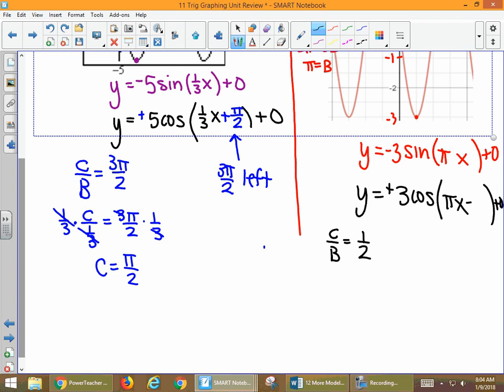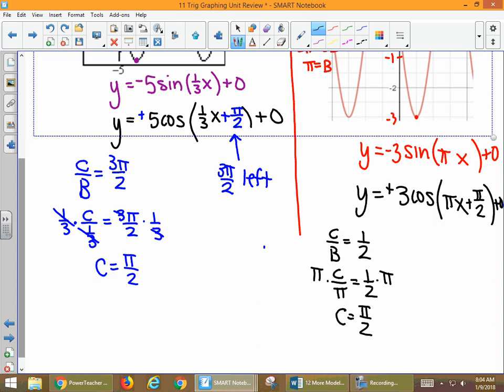I need a plus in the middle since I'm moving to the left. So my phase shift is 1/2. We know b is pi. So c over pi equals 1/2. We're going to multiply both sides by pi. So c equals pi over 2.